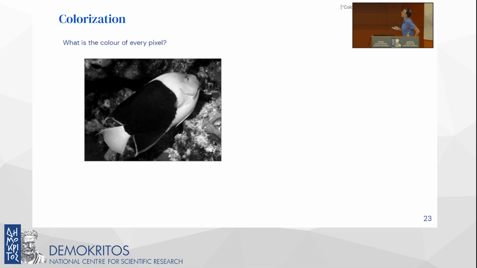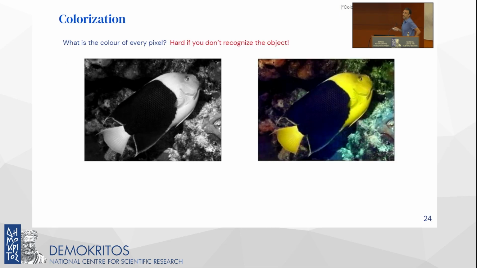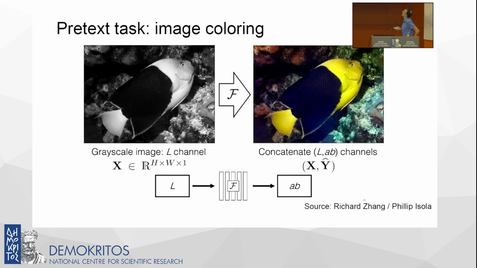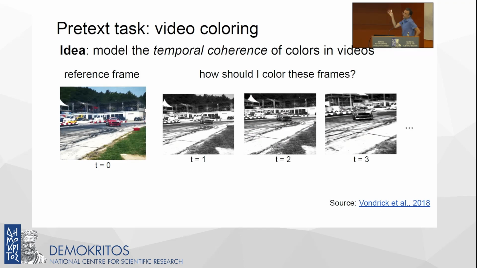Another example, colorization. You take a grayscale image, actually a color image, you remove the color, and then you ask a network to predict it. Again, to solve it, it helps if you can recognize the content. And in fact, if you apply this colorization pre-training approach to video, let's say you have a video, you keep the color from the first frame, and you remove the colors from all remaining frames of the video.